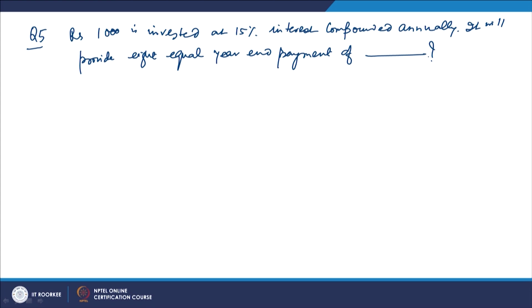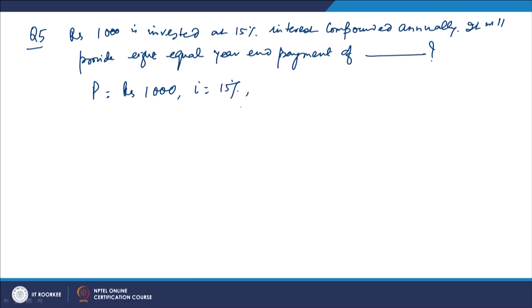So for that you have to find. What is given is your P value, given as rupees 1000, I is given as 15%, and 8 equal year end payments, so n will be 8. So how much will be there?